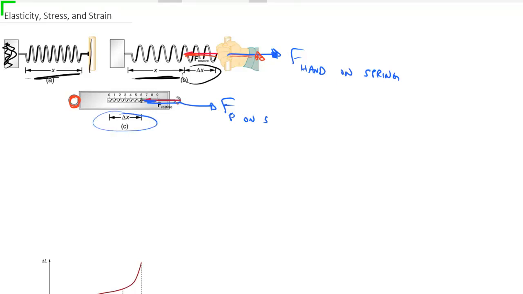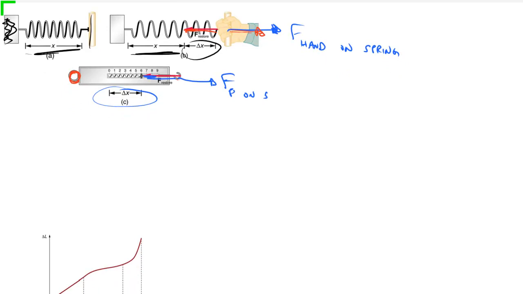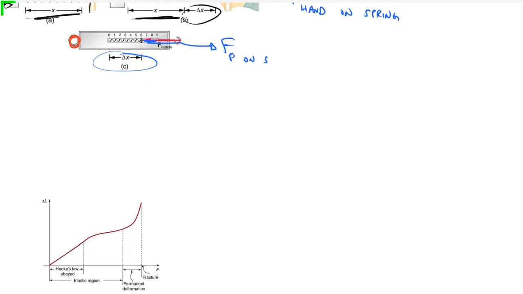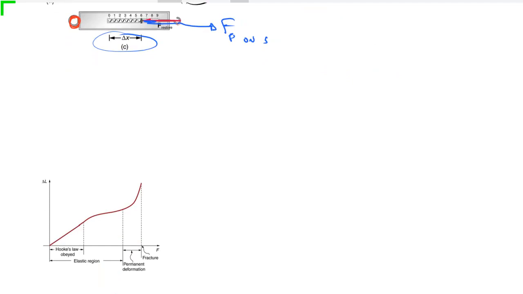So we can measure this force through this displacement. And the way we do this is we say that the force a spring exerts on an object is directly proportional to the displacement. This is actually something called Hooke's law.